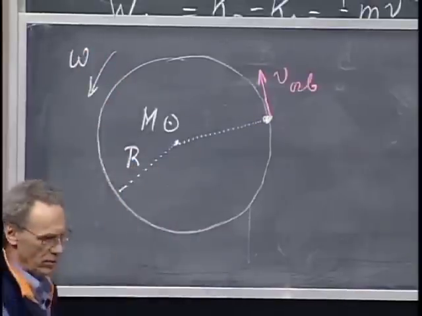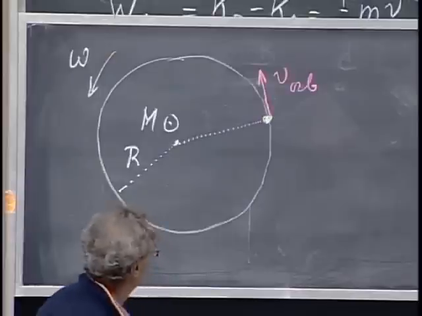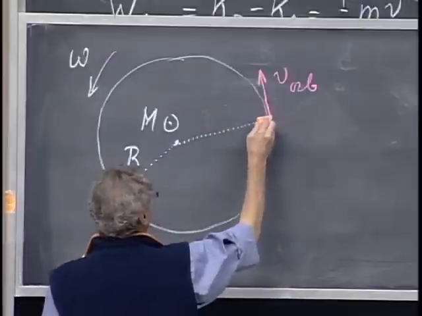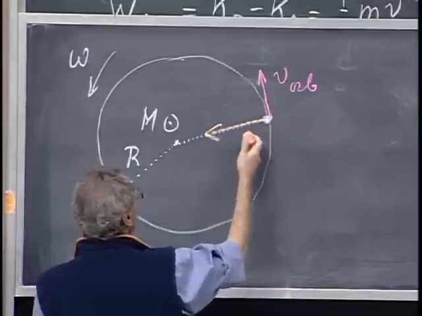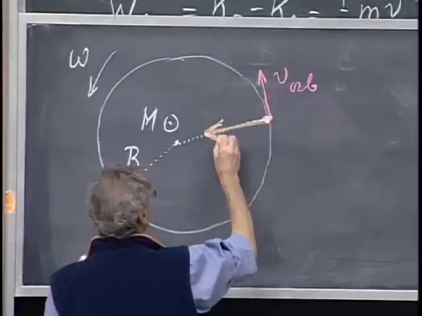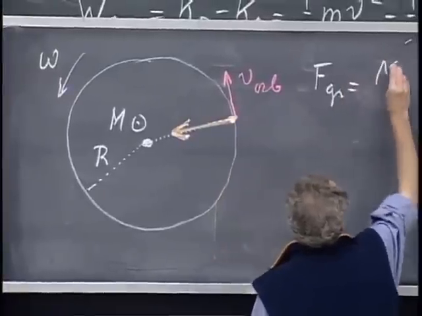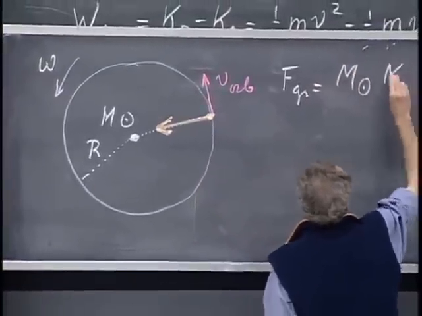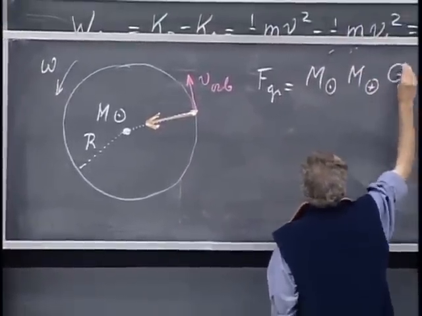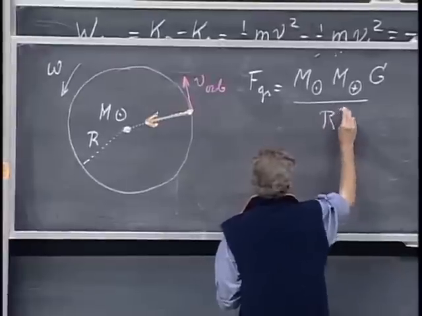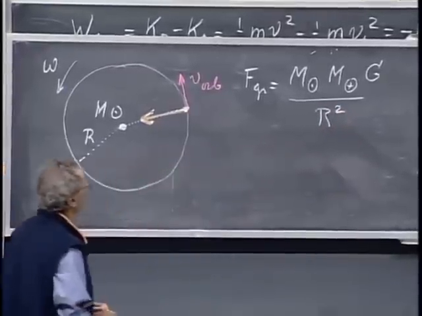It goes around with a certain angular velocity, and there has to be here a force on the system, the gravitational force, which is the same as the centripetal force. That's the only way the object can go around in a circle. So this gravitational force equals mass of the sun, mass of the Earth, times G divided by r squared, the force of gravity.